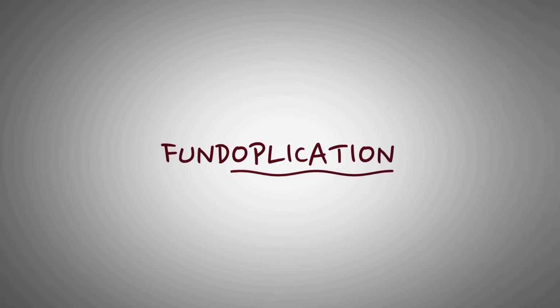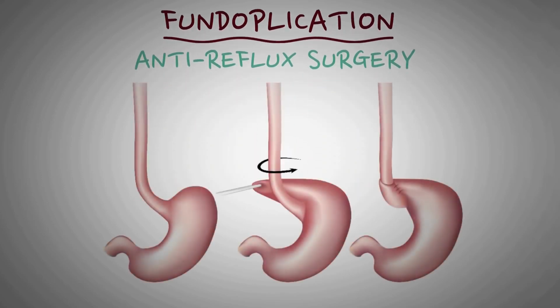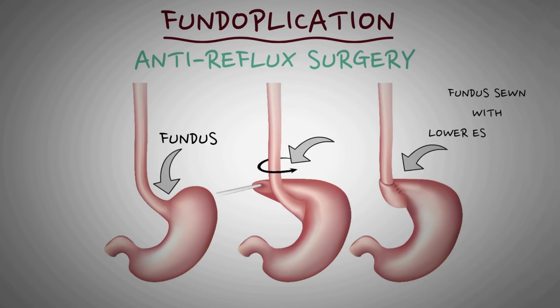The surgical procedure that is done to prevent reflux is technically known as fundoplication, also known as anti-reflux surgery. During the fundoplication surgery, the part of the stomach that is closest to the entry of the esophagus, also known as the fundus of the stomach, is gathered, wrapped, and sutured around the lower end of the esophagus or the lower esophageal sphincter.